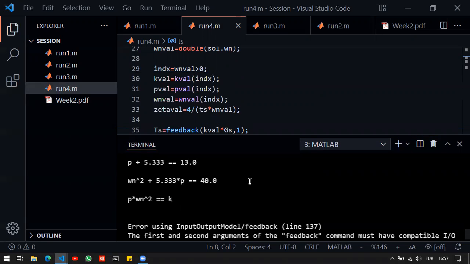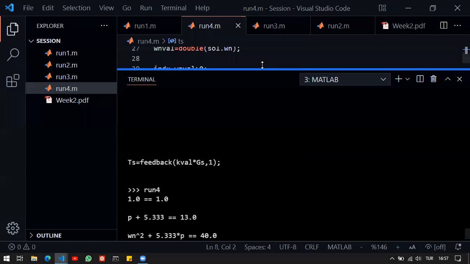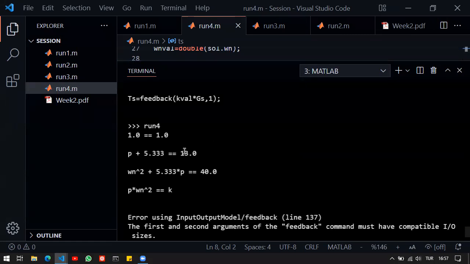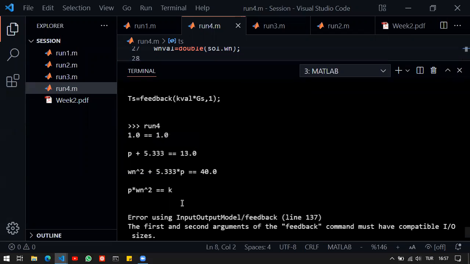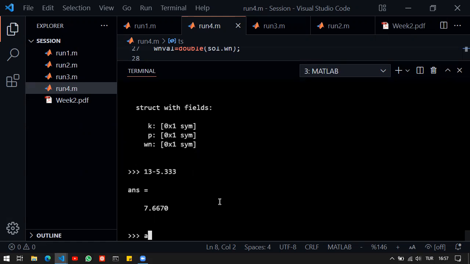Well, the reason that there's no solution is the following. If we calculate the value of p, 5.333, it is 7.66. And if we calculate this multiplication, you can see that this is 40.88.